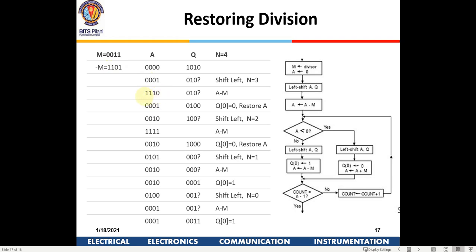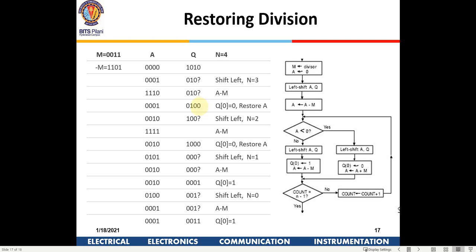Once you get A minus M here, is this a negative number? Yes, it's a negative number because the first digit is 1 out here, so it indicates it's a negative number. What do we do? We need to do two things. First, in Q0 we put 0. That is this first number which we didn't know earlier what to do with.